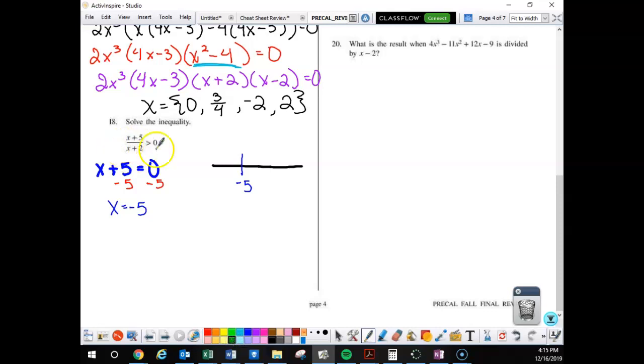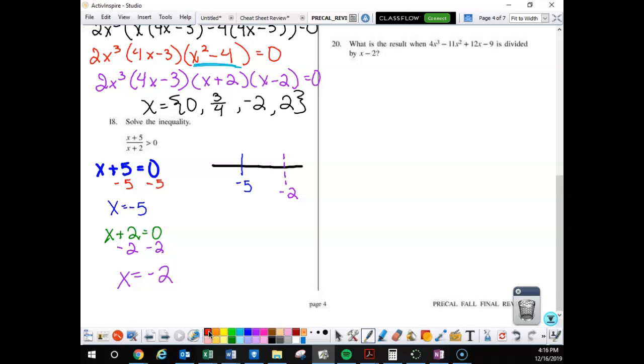So I set the denominator equal to 0 as well. So I subtract 2. And since this is an asymptote, remember, it is not part of the domain. Therefore, you want to do this with a dashed line. That way I can tell if it's included or not on the domain.